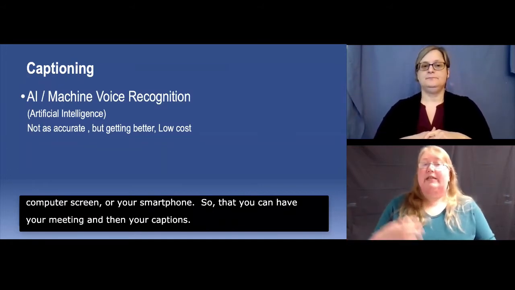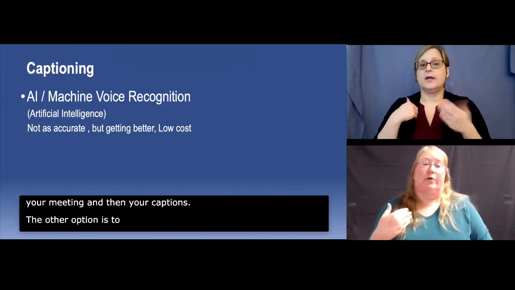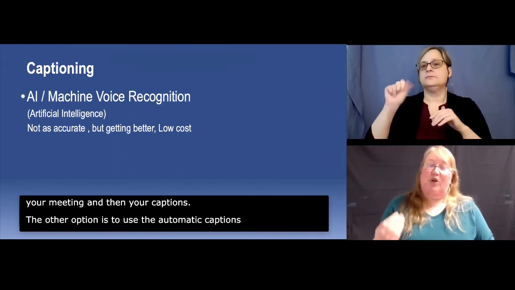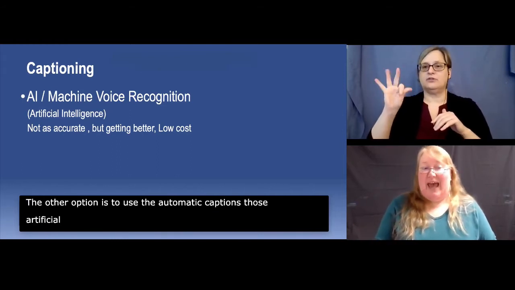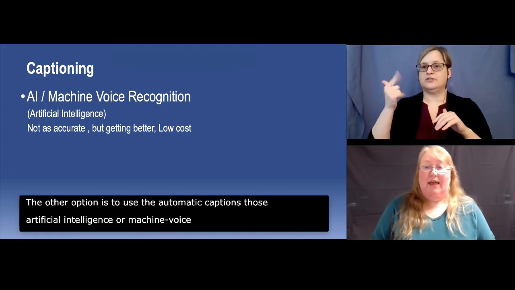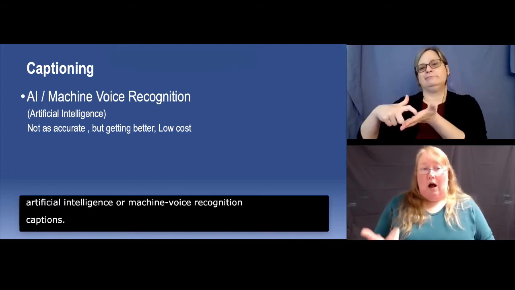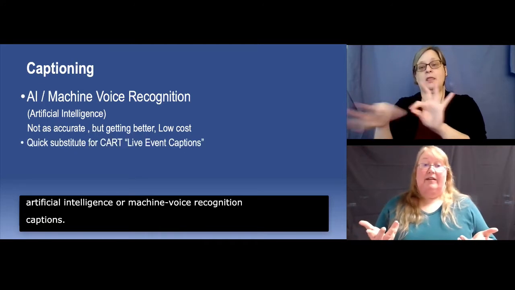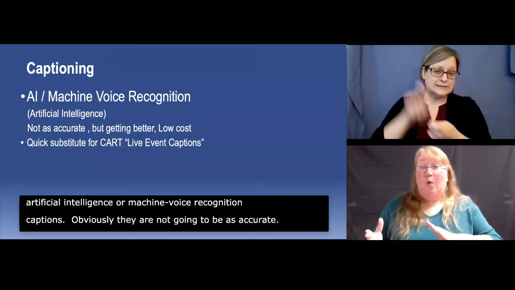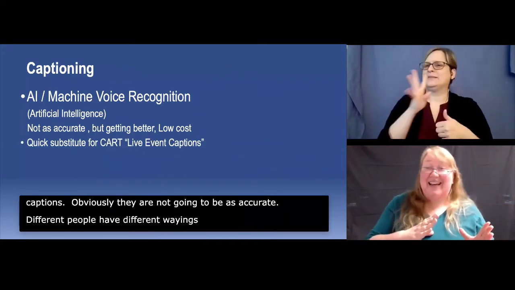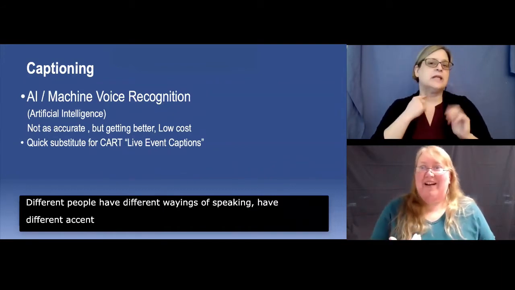The other option is to use the automatic captions, those artificial intelligence or machine voice recognition captions. Obviously, they're not going to be as accurate. Different people have different ways of speaking, have different accents. Their microphone might not be very good.